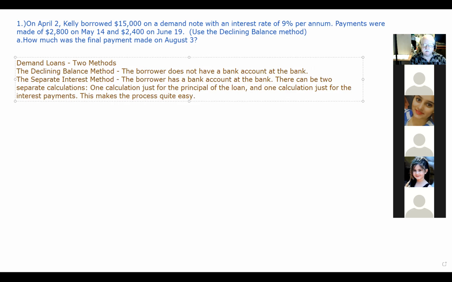And as they don't have a bank account at the bank, the process when they're paying it back becomes fairly complicated, because when the borrower comes in to make a payment on the loan, the first thing the bank teller has to do is figure out how much interest has accrued on the loan. And then the bank teller takes the person's payment, deducts the amount of interest, and can apply the rest of it to the principal. So let me see if I can put that in words.